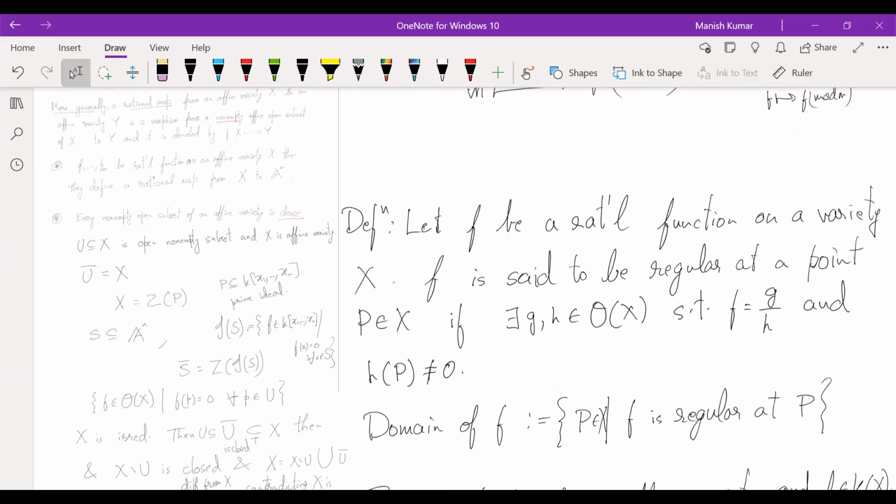Of course, you can write f as g over h in many ways, right? Because you can multiply both the numerator and denominator by some non-zero element, and it is still the same function.